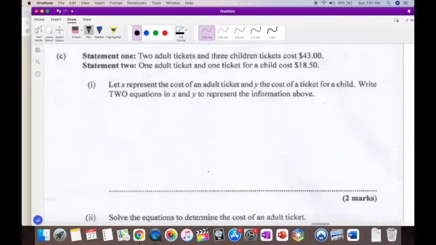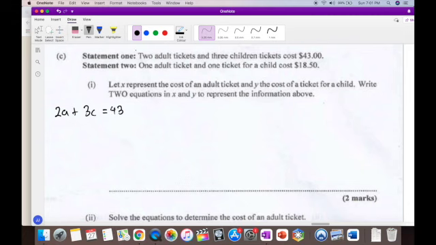So, statement 1: 2 adult tickets and 3 child tickets cost $43. So I could do this in algebra one time, right? 2 adult tickets plus 3 child tickets cost $43.